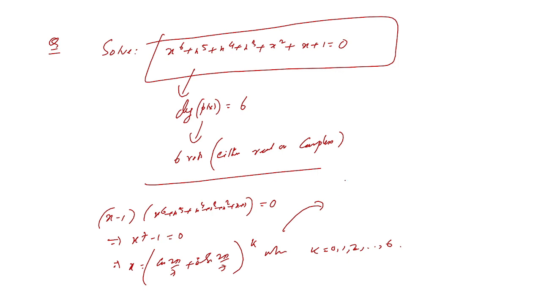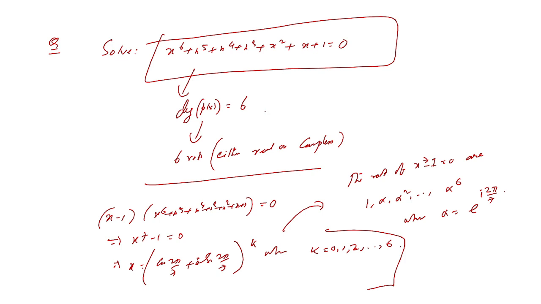We can write the complete list of roots of x to the power 7 minus 1 equals 0 as 1, alpha, alpha square, up to alpha to the power 6, where alpha equals e to the power i 2 pi by 7. But here the question is about the other equation. We multiplied by x minus 1, so 1 is just an extra root.